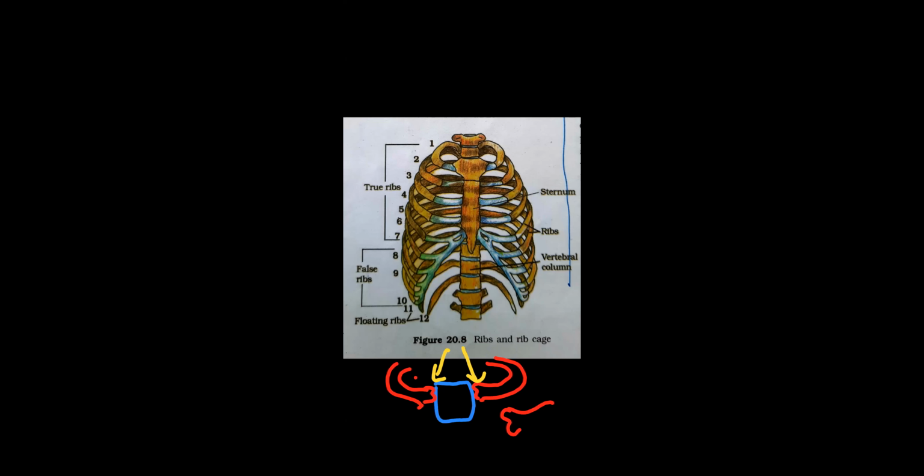So dorsally, it has 2 head-like projections to articulate with the vertebral column.